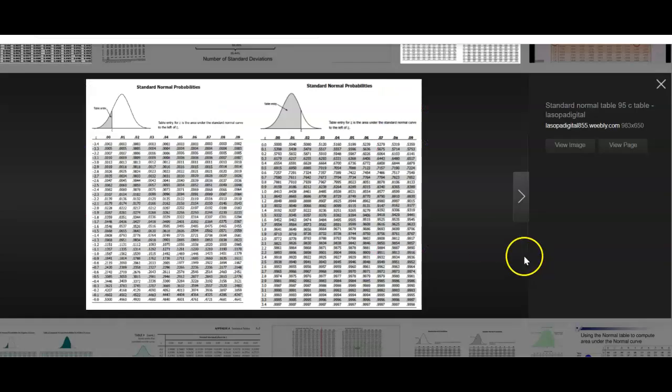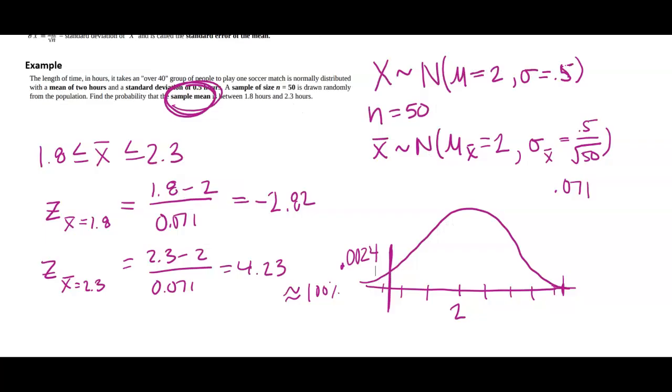And then let's see. Okay, I found this one. This one's a little bit better. Look, 4 is not even on here, right? So let's just call it 0.999 instead of 100%. So let's call this all the way to here, 0.9999. So I want to find that between probability.